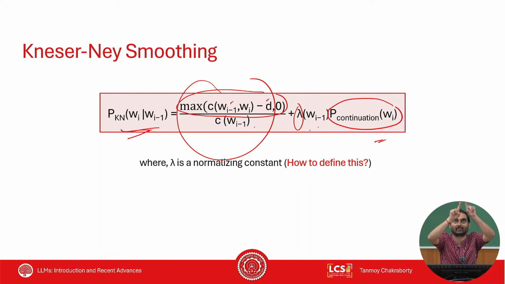Again, think of the bigram table. Each row is basically W_{i-1} and column is W_i. Now for every W_{i-1}, we need to make sure that the sum should be 1. Now tell me, if I discount D from the bigram count, we need to adjust somewhere so that the probability should be 1.